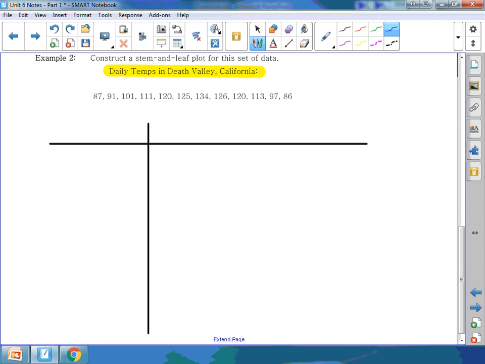And we want to organize this so that your stems go here and the leaves go here. What is the smallest stem? When you glance at the numbers there, what's the smallest stem that we need to list in here? Simon. The 8, right.